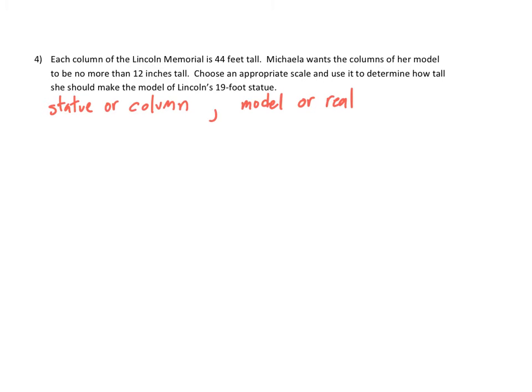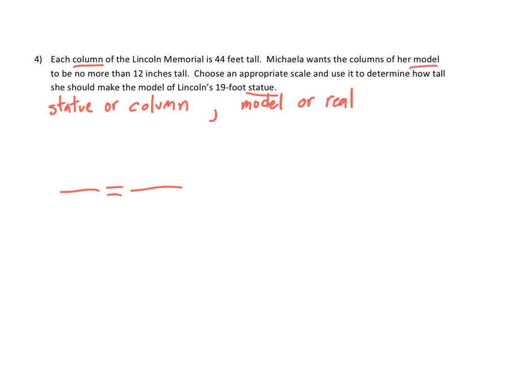Okay, so once again, I'm going to set up a blank proportion with a fraction equal to a fraction. I've noticed that I have a statue, the Lincoln statue, and sometimes we're looking at the column, and then the model that she's making, and we're also talking about the actual height in real life.